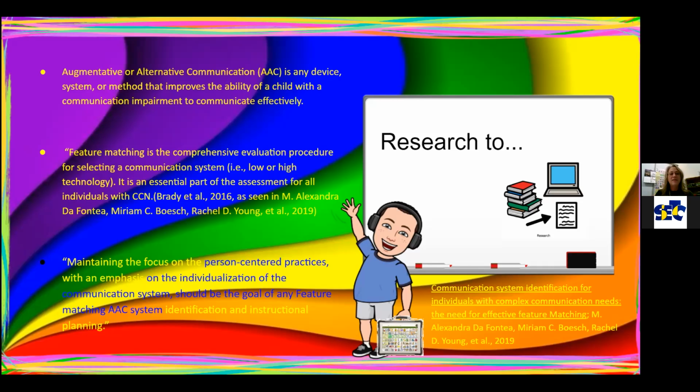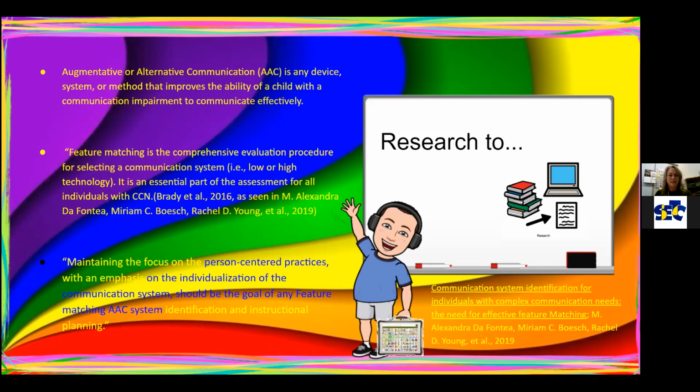Feature matching is this comprehensive evaluation process of all the bits and pieces that go into high tech and even low tech technologies, and how to assess them. Like I said, we're going through 6 different assessments right now. We have some direct select, we have some scanning, we have some eye gaze that we're doing. So looking at those features.